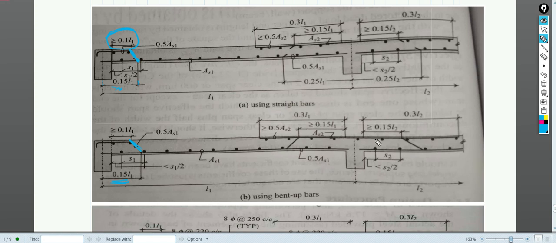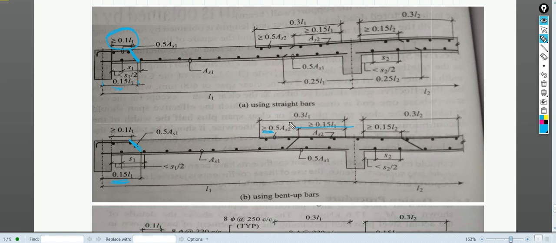And at the interior support, if I am doing the crank, then the distance should be greater than 0.15 L1, but some other bars should be extended up to that distance of 0.15 L1 as well. Ast2 is basically the reinforcement, this is Ast2.